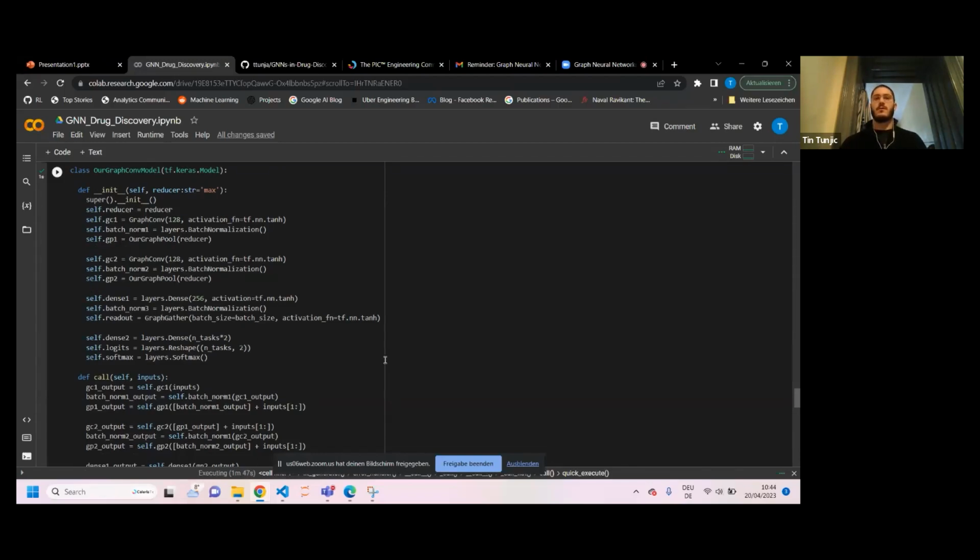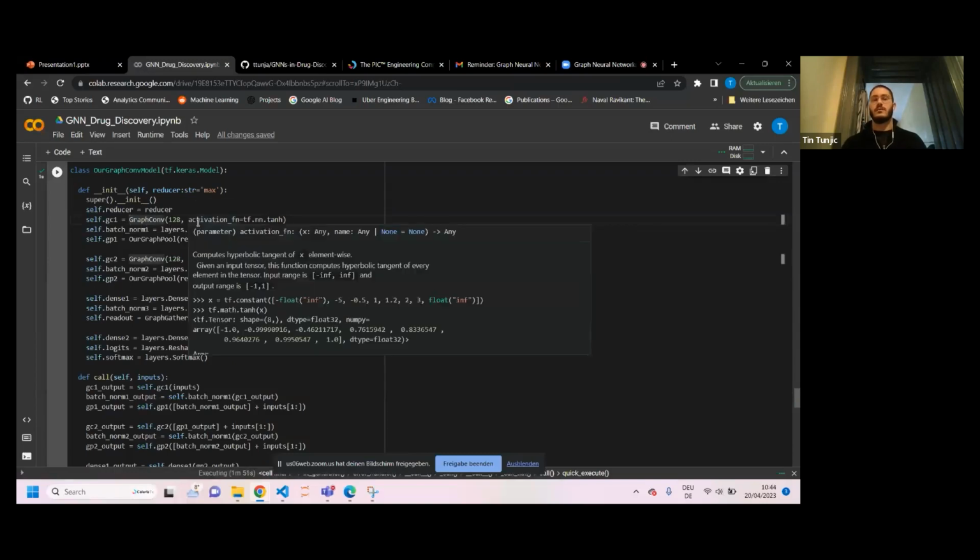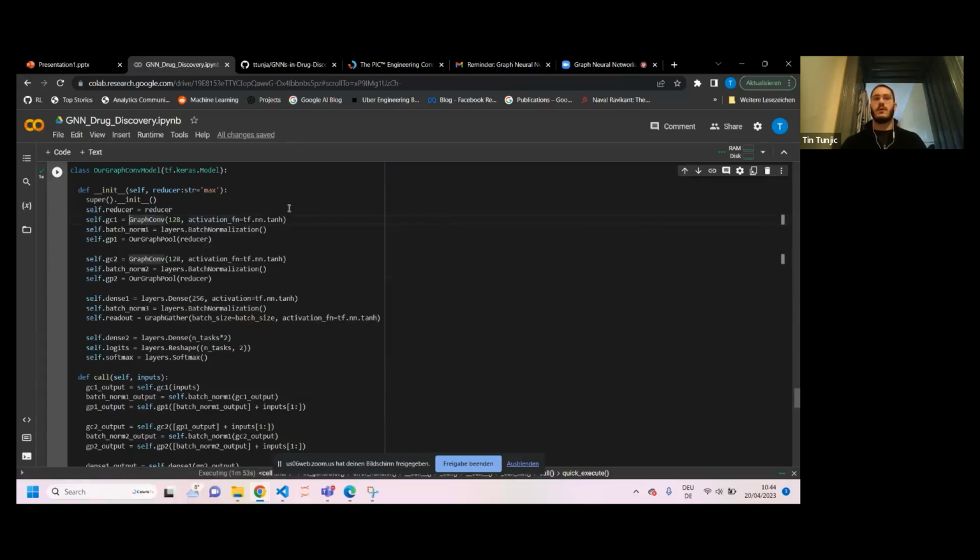One thing that I didn't do is specify this graph convolution that's taken from TensorFlow, but I think I specified it in the theory part, which you have in the presentation. So I don't think it's needed in the model that we're currently using.